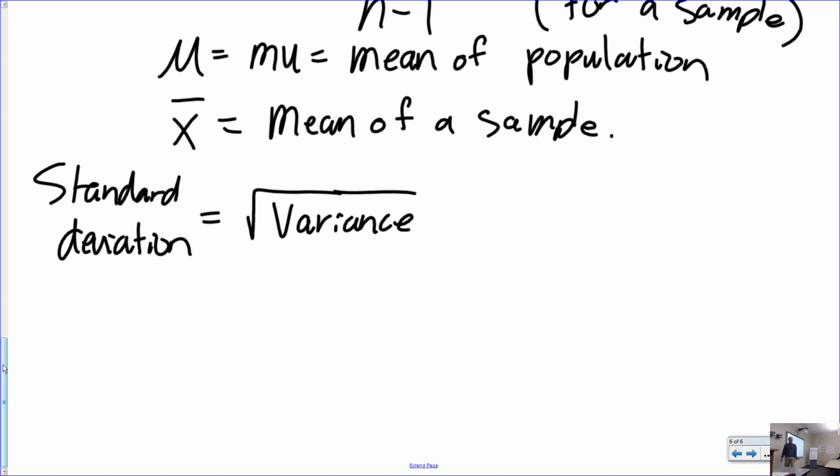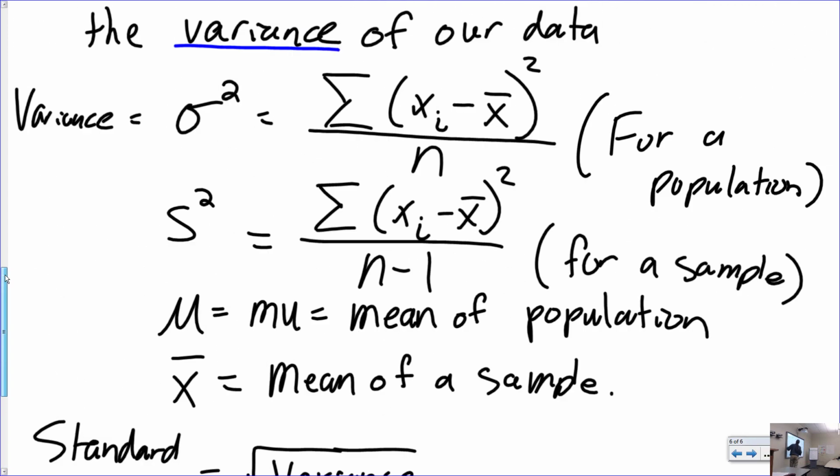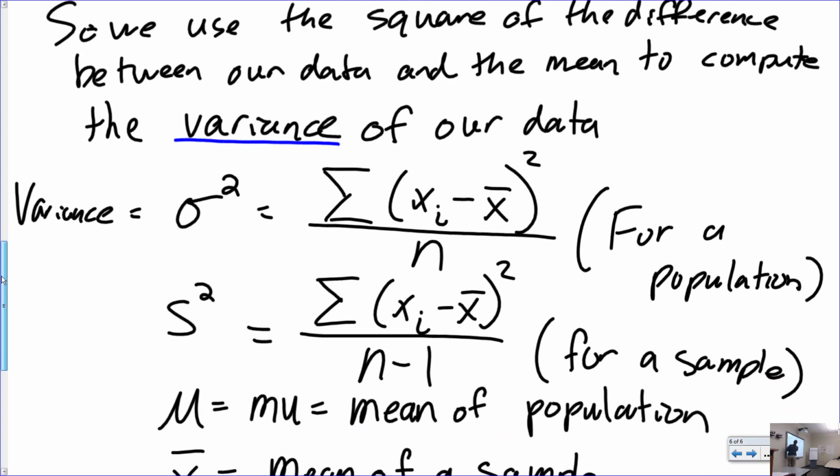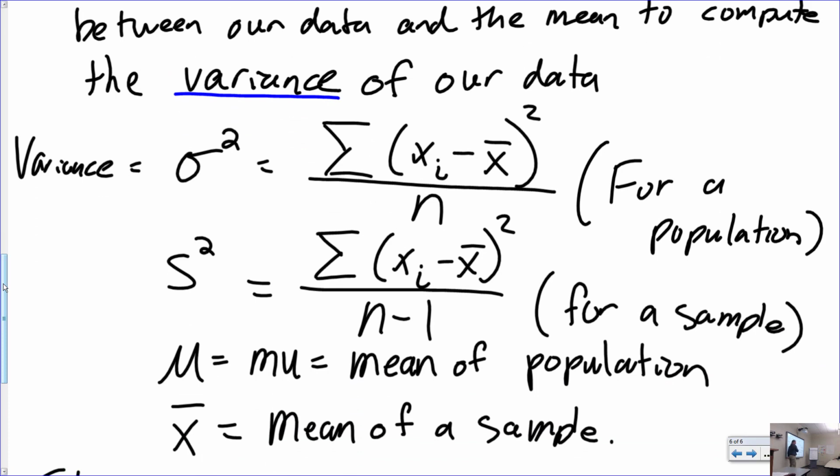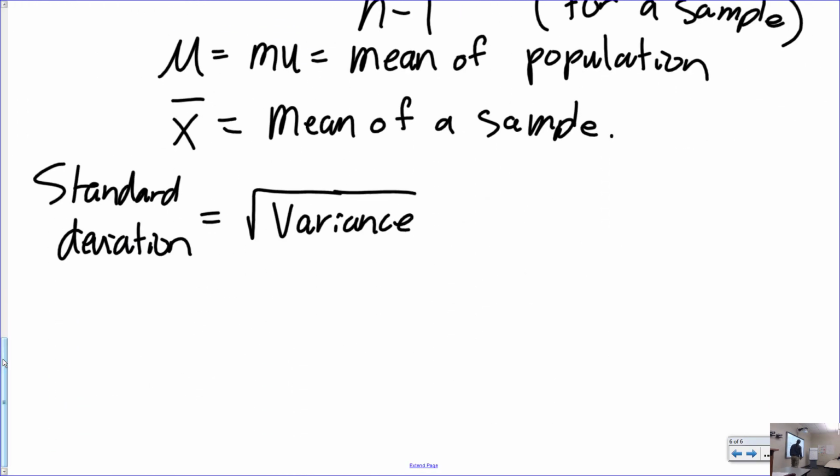so the cool part about this measure of dispersion, variance, notice how I described variance as sigma squared or S squared. I kept the squared in there because we squared the difference between each of our data points and the mean. When you want to get out of a squared measurement, you need to take the square root. And when you take the square root, you'll switch into calling it the standard deviation instead of the variance. Okay?